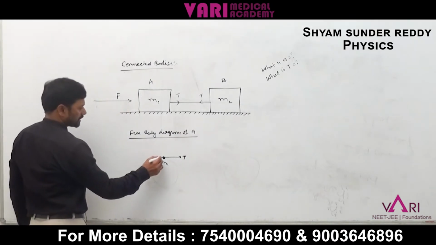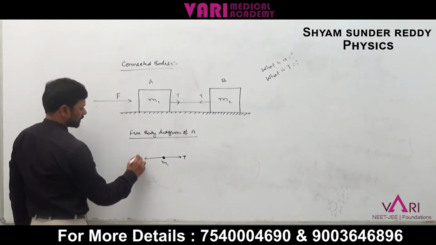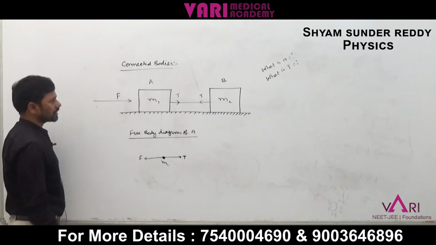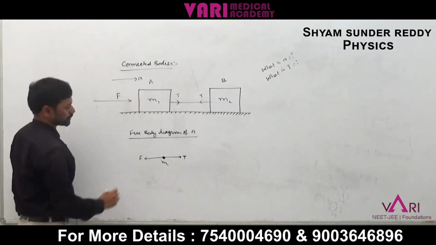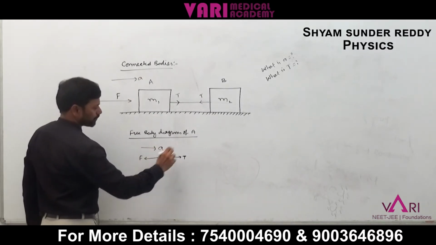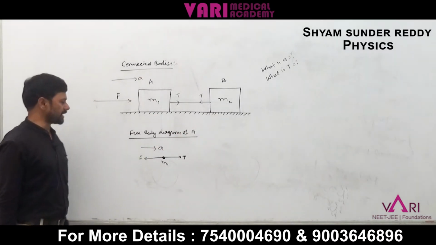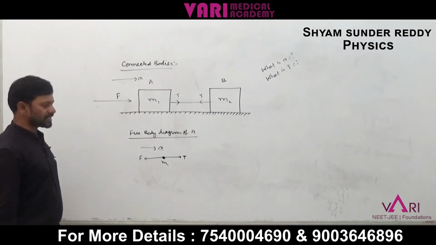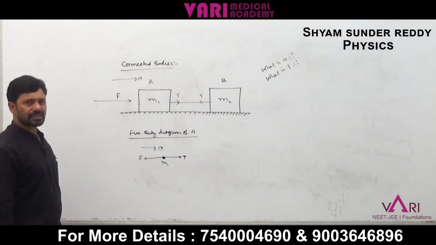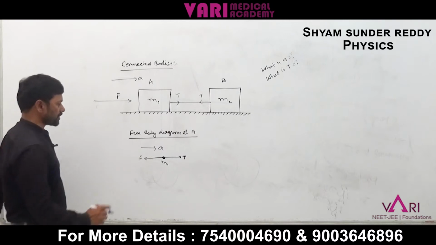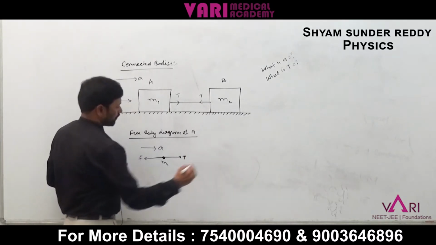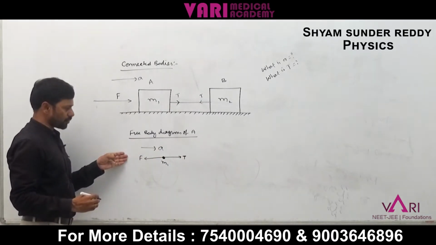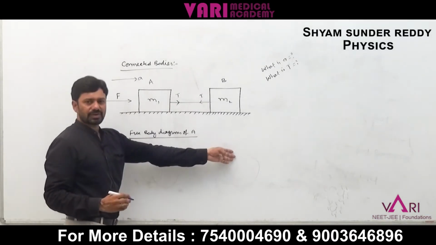In this direction is the F force, right? Acceleration is in the direction of the force. Based on this, we need to write the FBD equation. When we apply the force, the body moves in the forward direction.